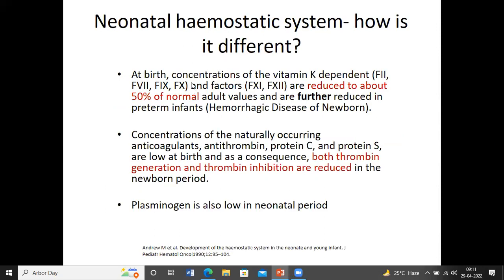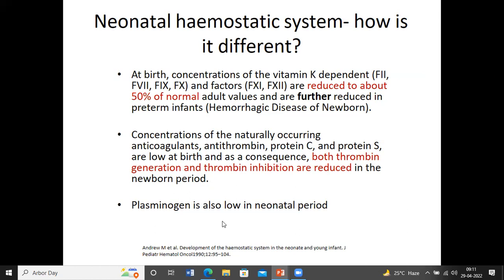Not just that, but the concentration of the vitamin K dependent factors and other factors is also reduced to about 50% of normal adult values. This is further reduced in preterm infants, increasing the risk of hemorrhagic disease of the newborn. Thrombin generation and thrombin inhibition are both reduced in the newborn period.